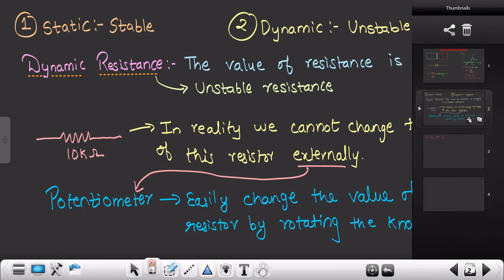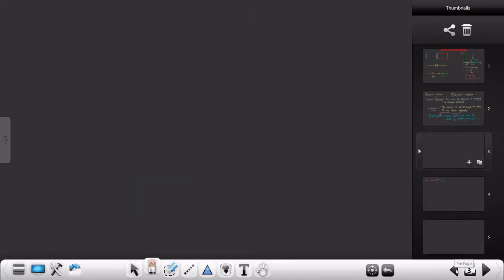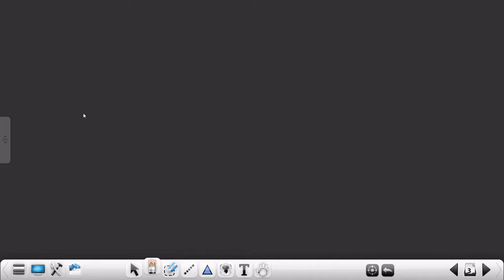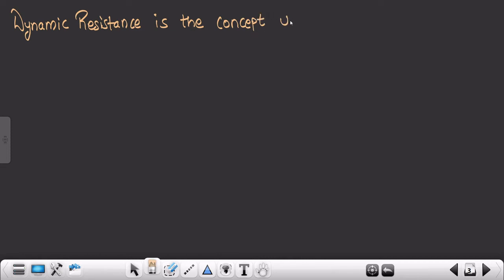So we'll write further, just a second. Dynamic resistance is the concept that deals only with dynamic resistance. Dynamic resistance is a concept used only in diodes.